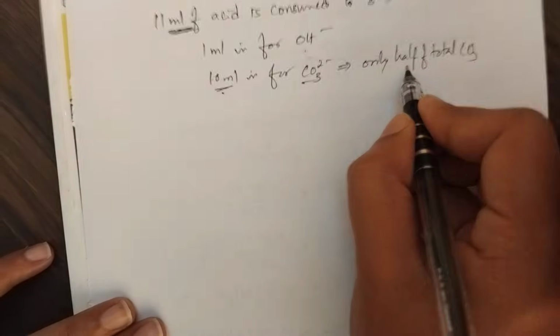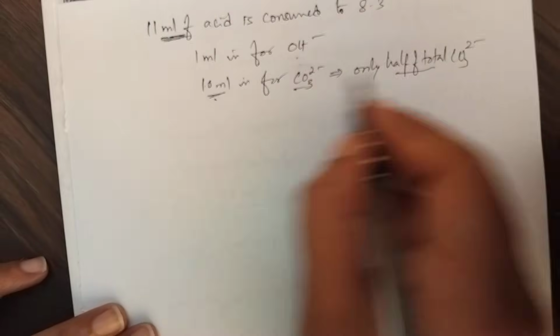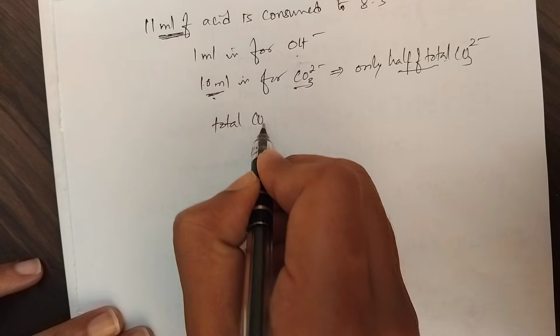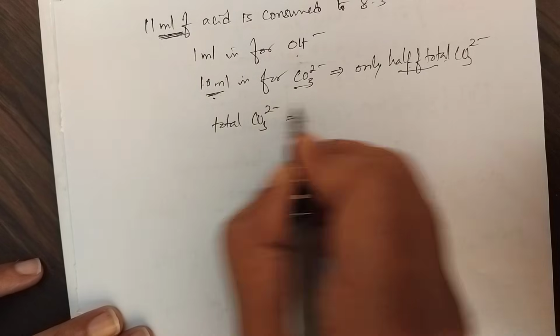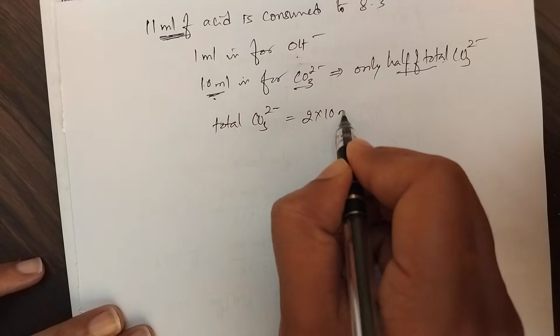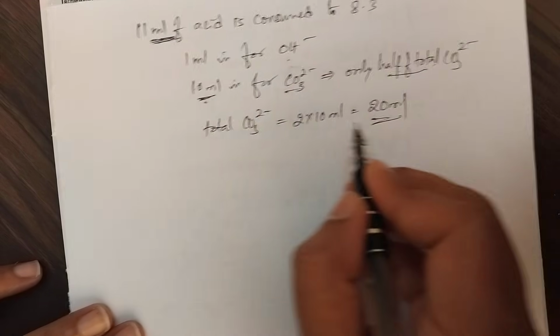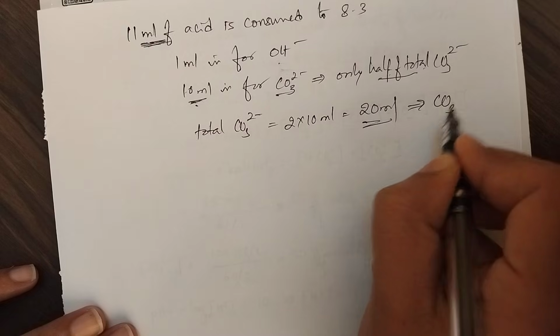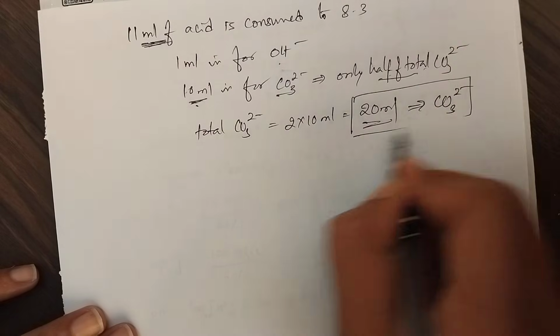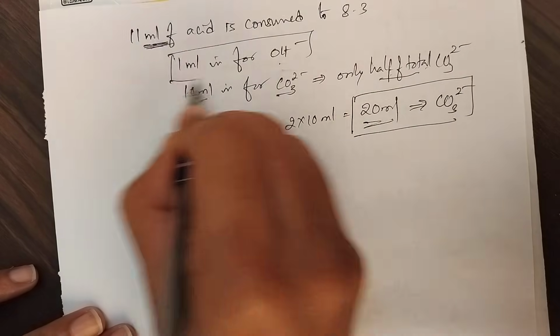So the total CO3 2 minus would be equal to 2 into 10 ml, that would be 20 ml. So 20 ml for CO3 2 minus ion, and then 1 ml for OH minus ion.